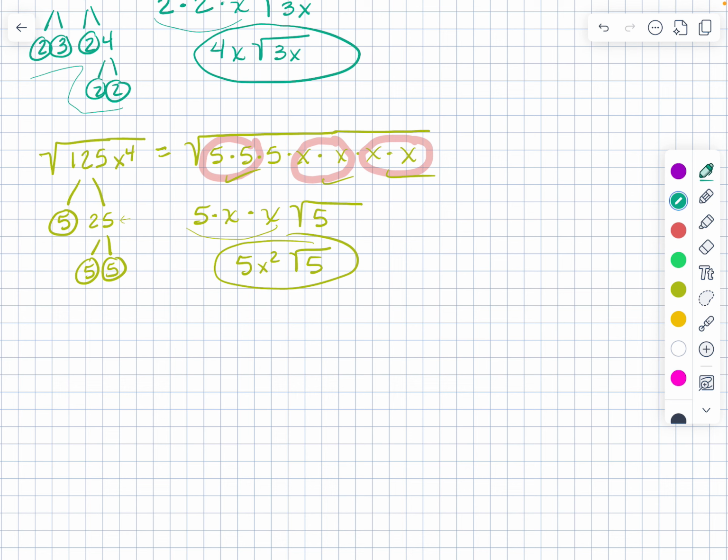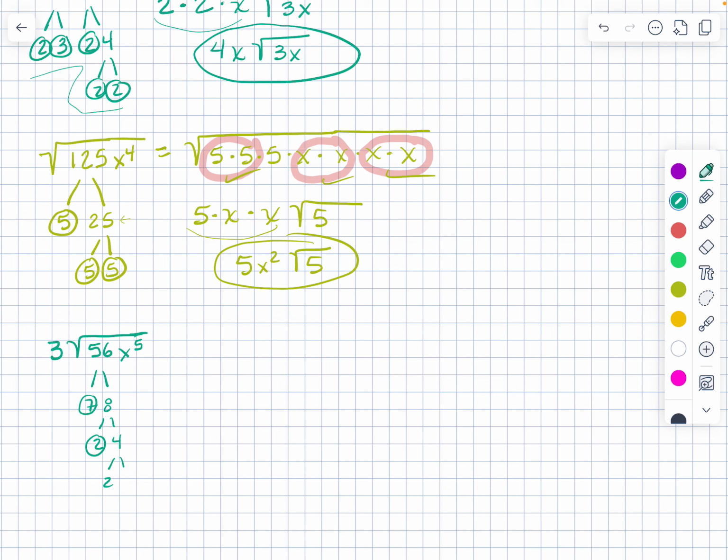Let's do 3 times the square root of 56 x to the, how about x to the 5th? Okay, so it combines a lot of things that we've done. So 56 is 7 times 8. 7's a prime number. 8 is 2 times 4. 2's a prime.